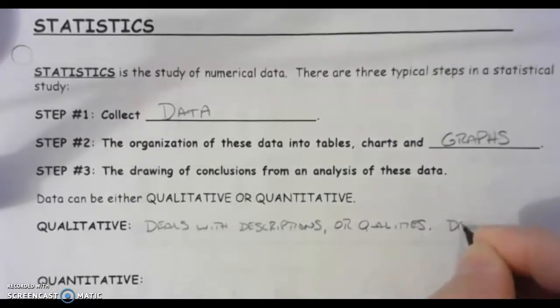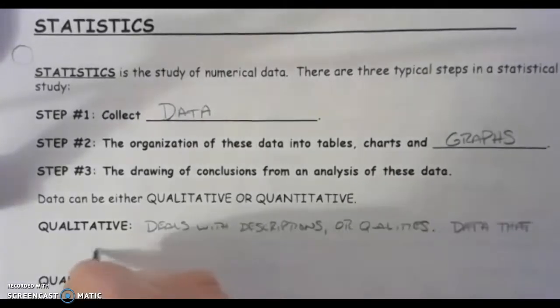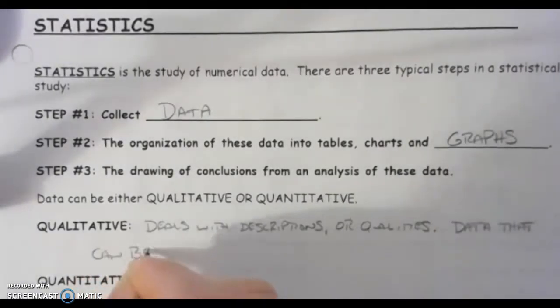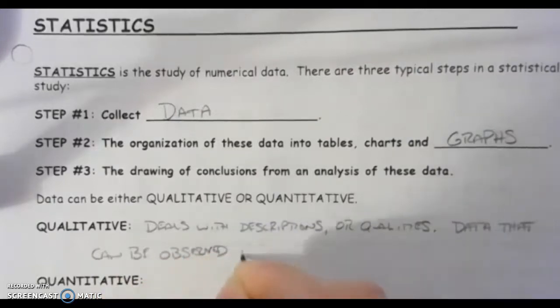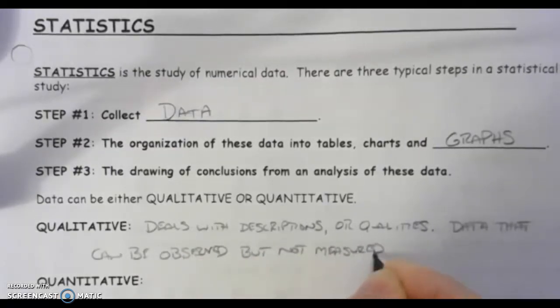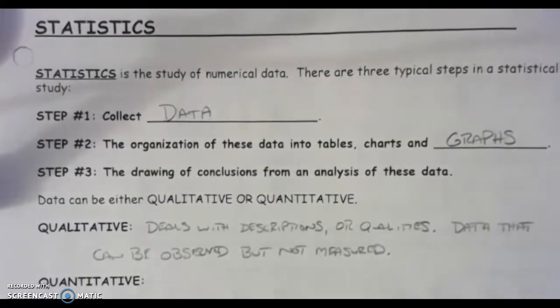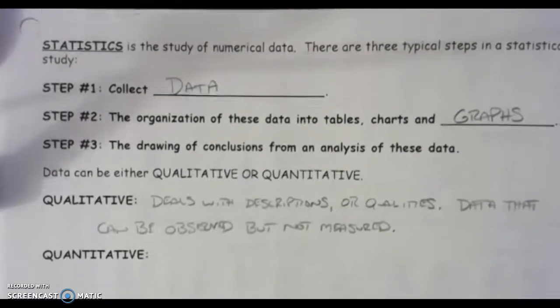This is data that can be observed but not measured. So again, qualitative data deals with descriptions or qualities. It's data that you can observe, but it's not necessarily data that can be measured.